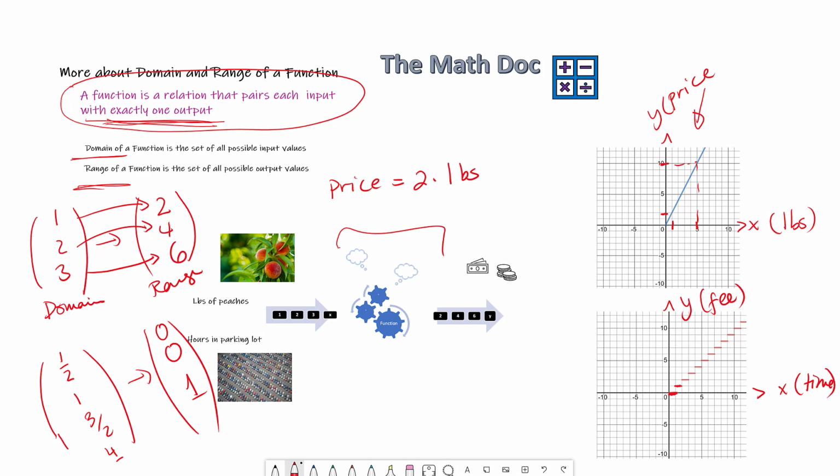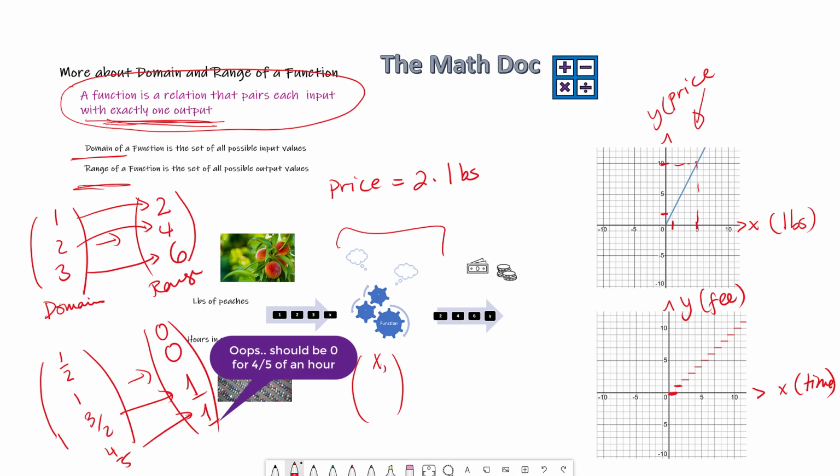For 4/5 of an hour, we also pay $1, and so on. So in this case, we have for various different x's the same y. I'll write that out symbolically: say x1, x2, x3, all going to y1. That is okay for a function.